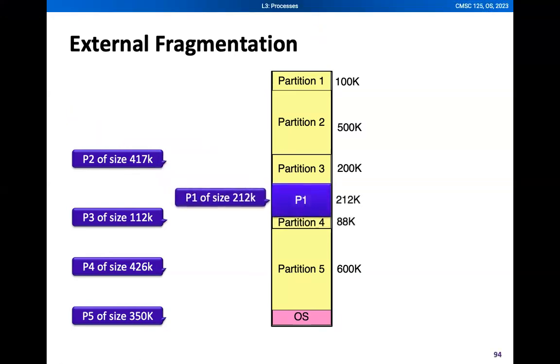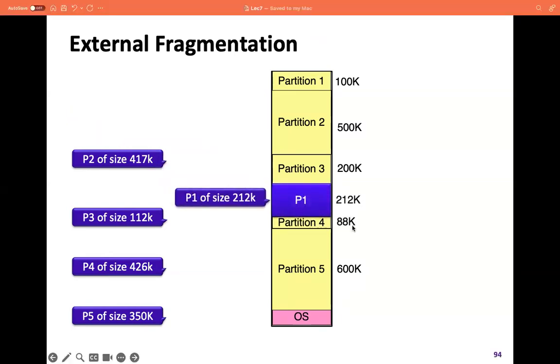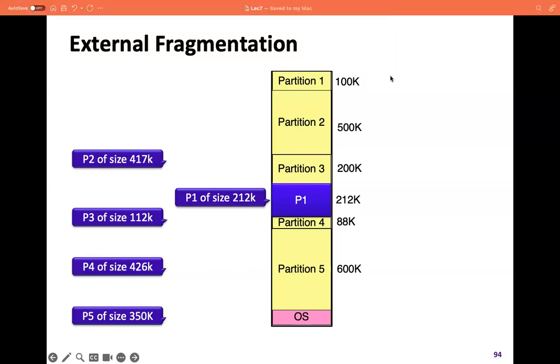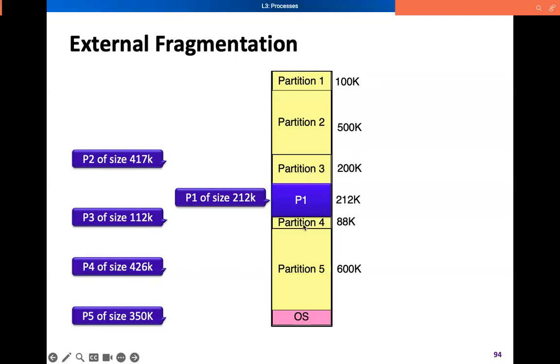Now we have 88K left, and then P2 of size 417K may fit on partition 2. Again, the process would be to look at the ascending order of the sizes of the holes. Partition 1 followed by partition 3, then partition 4, followed by partition 2, which has 500K. So this fits P2.